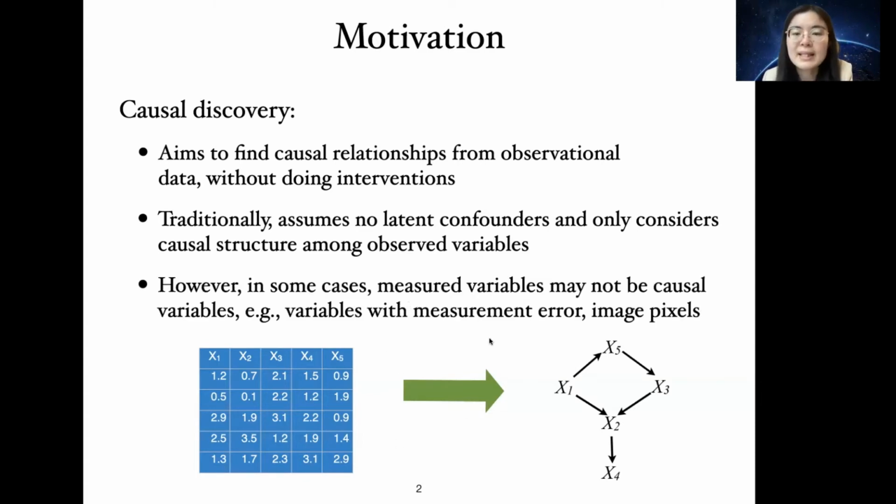However, in many cases, our measured variables may not be the causal variables. For example, the measured variables may have measurement error, or for images, we cannot directly treat the image pixels as causal variables. So in this case, how can we find the underlying causal variables and the causal structure?